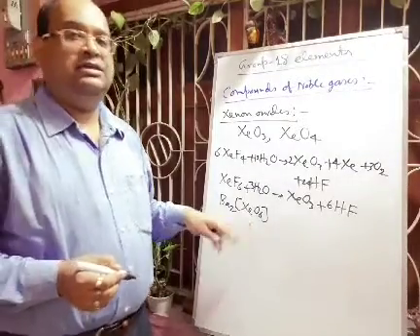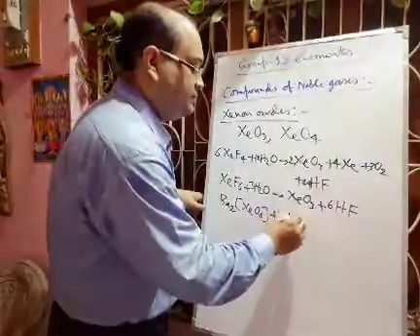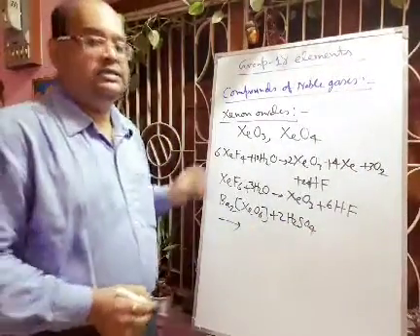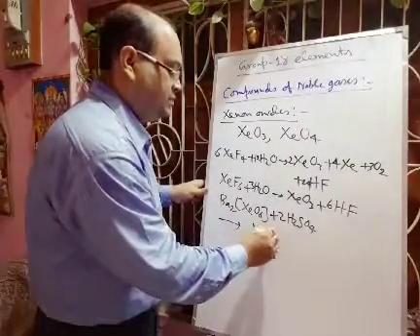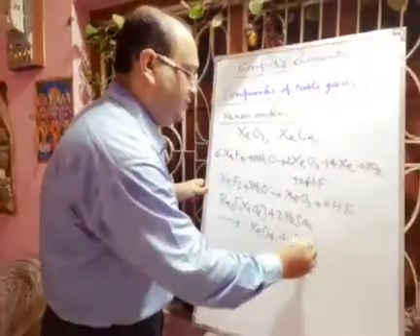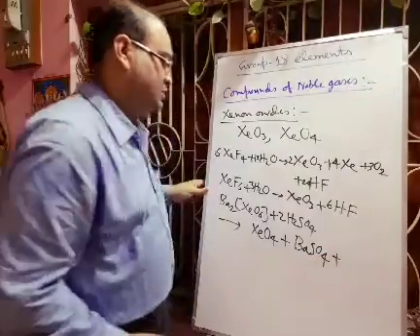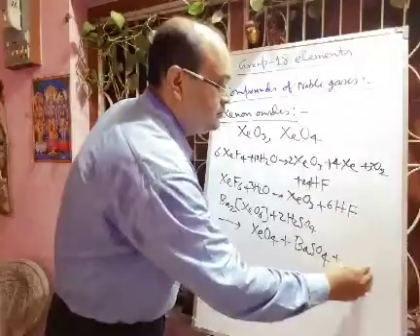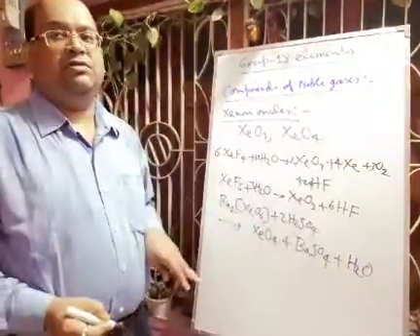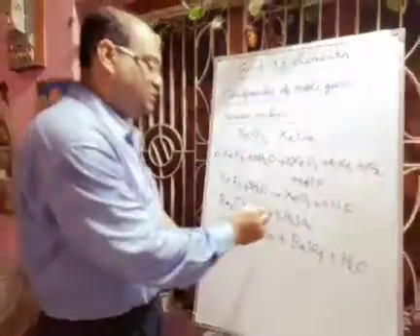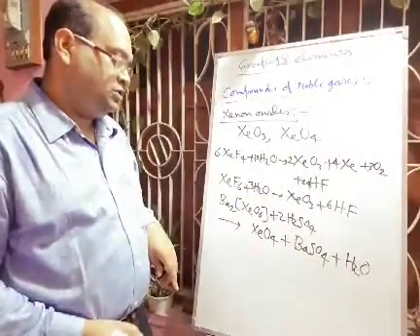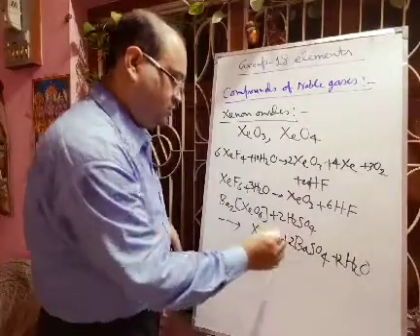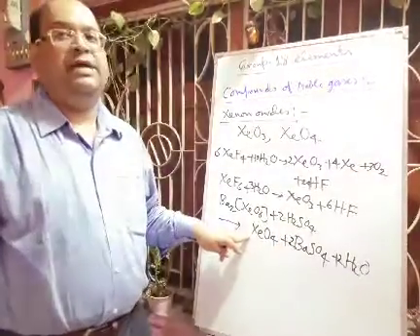Here you have to add the sulfuric acid. From here you will get the xenon tetroxide, and you will get the barium sulfate, as well as water. Now you have to balance this equation. Here twice H2SO4 is already written, so here you have to put 2, and here you have to put 2. Now I think it is balanced.